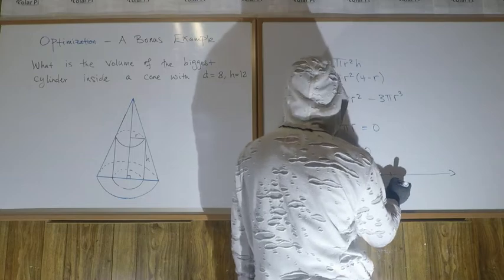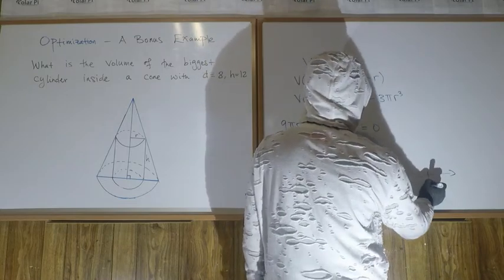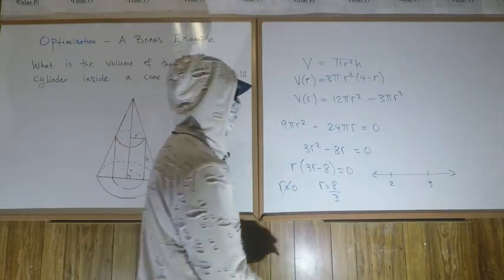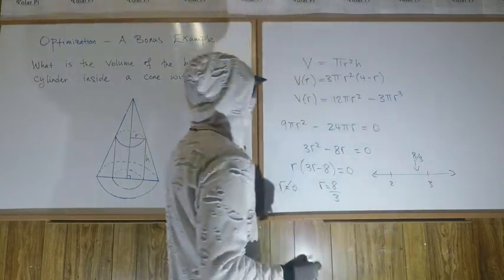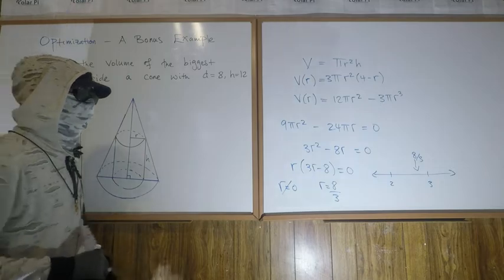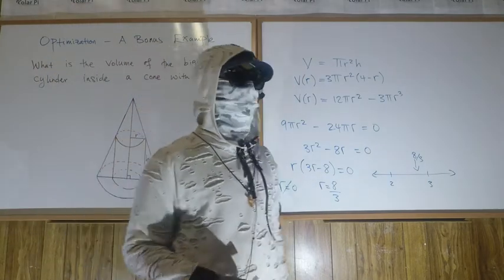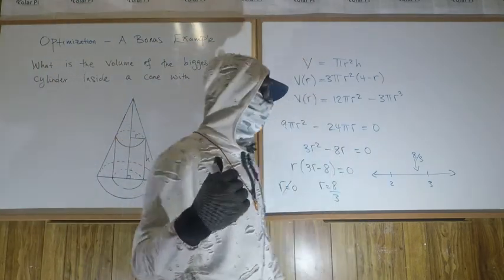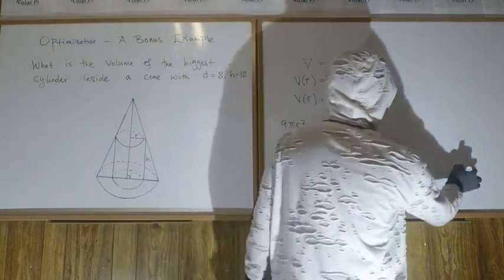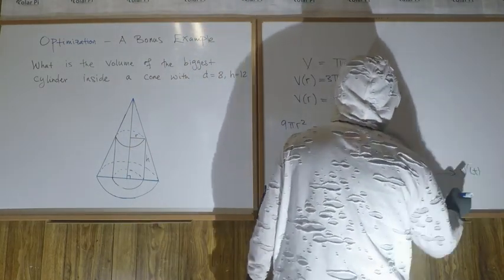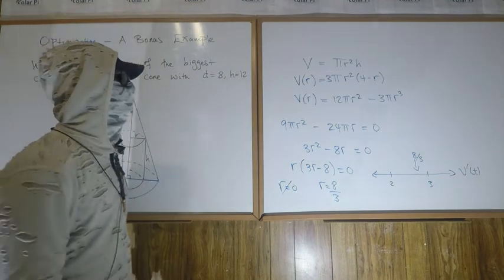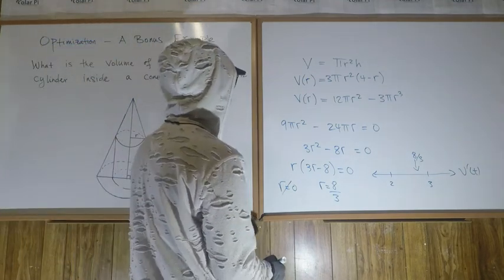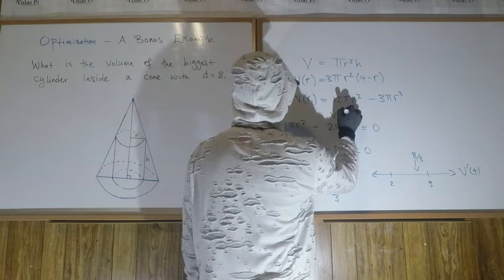So if this is like, let's say 2 and this is 3 on the number line, then 8/3 is somewhere closer to 3, right? So we put 8/3 right here. Got it. Now what we need to do to show that this is an r value that will maximize v is, well, this number line is for v prime, so we test numbers to the left and right of 8/3 in v prime. And I erased v prime, but I could do it again. It's not that big a deal.